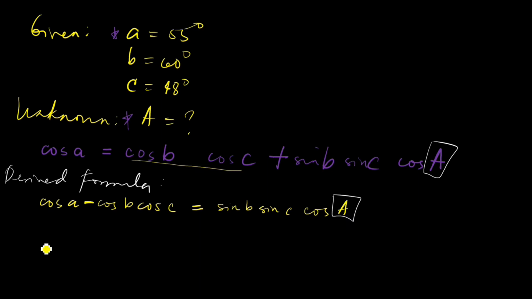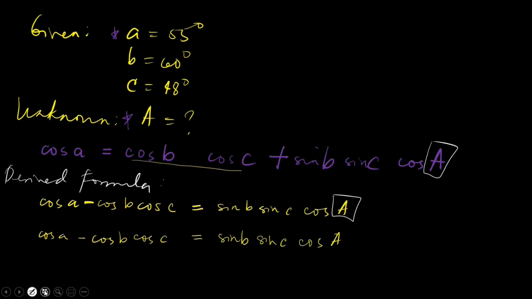Let us just rewrite it. Cosine of small a minus cosine of small b cosine of small c equals sine of small b, sine of small c, cosine of big A. We can already divide both sides, because the operation present on the right side is actually multiplication.